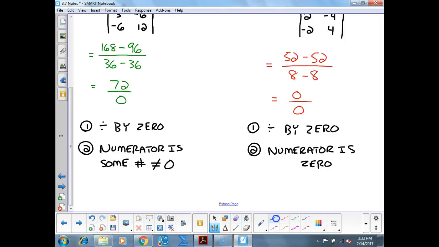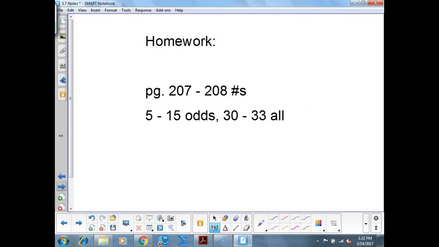Okay? For your homework this evening, okay, this is the 3.7 homework. I want you to do these, however many problems there are, I think there's 5 of them, all by hand. Meaning, no work, no points.